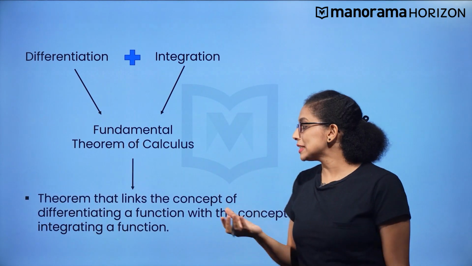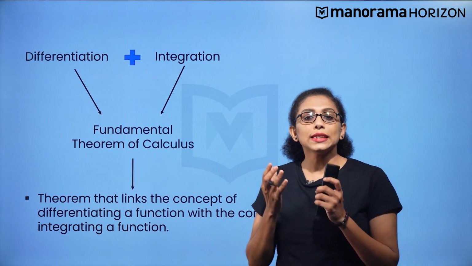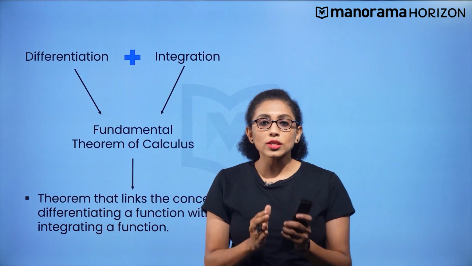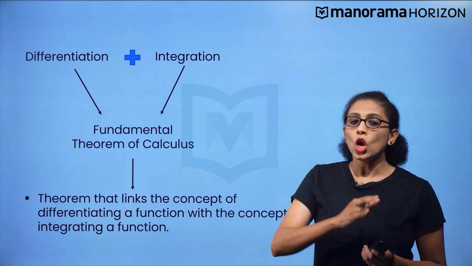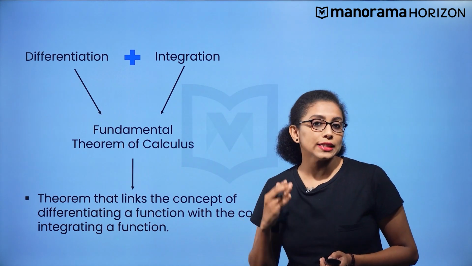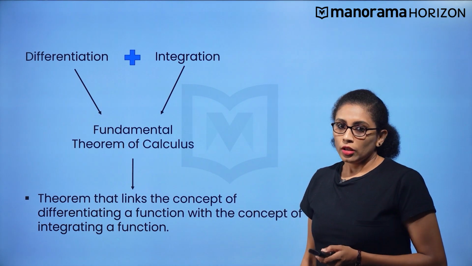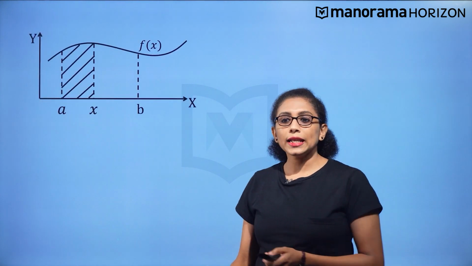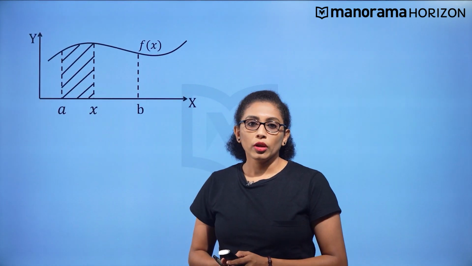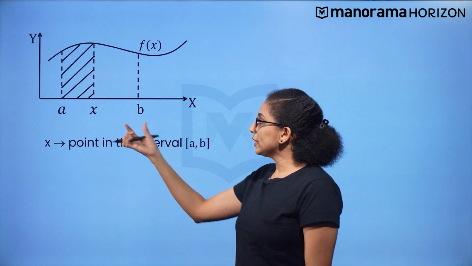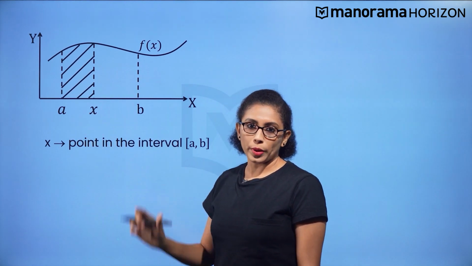So, the fundamental theorem of calculus is a theorem that links the concept of differentiating a function with the concept of integrating a function. Now, if you see in the second graph, x is a point in the interval a to b.